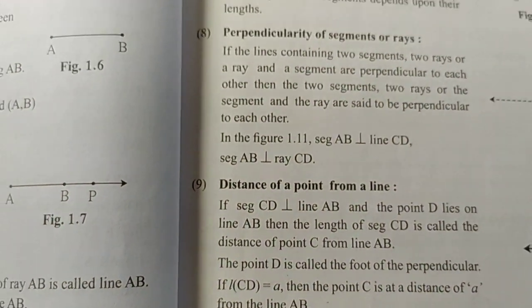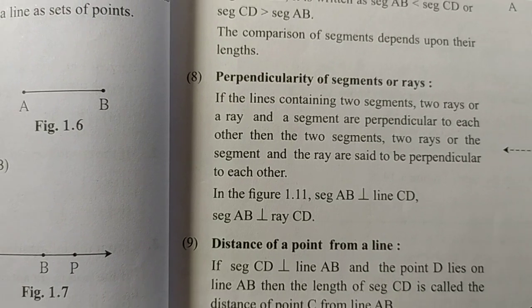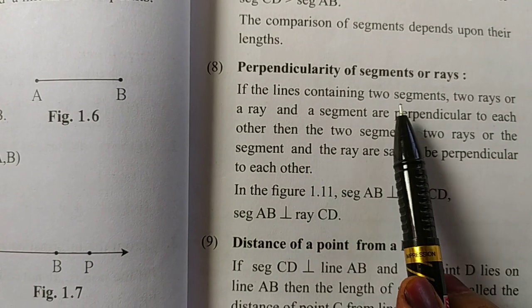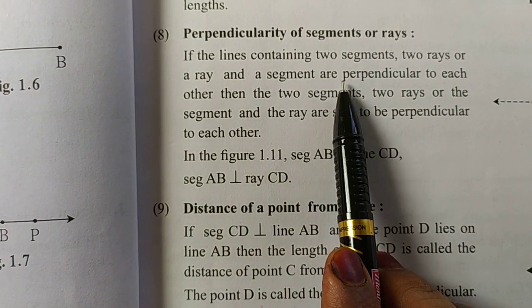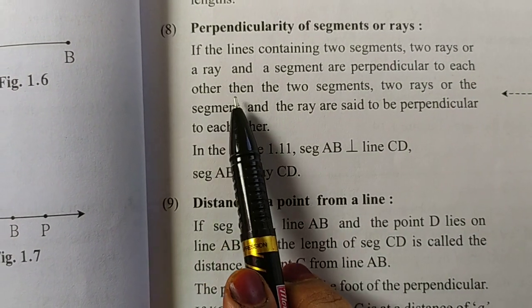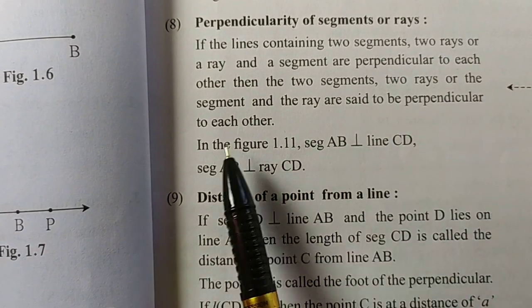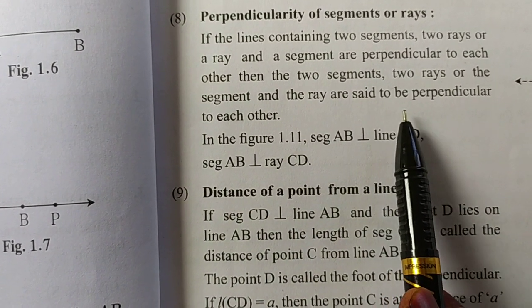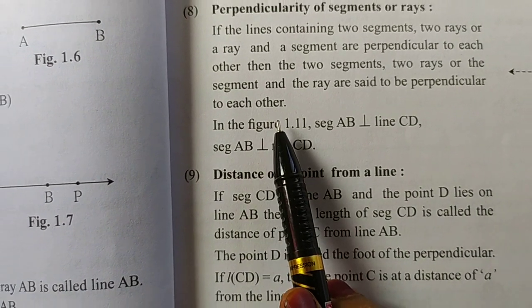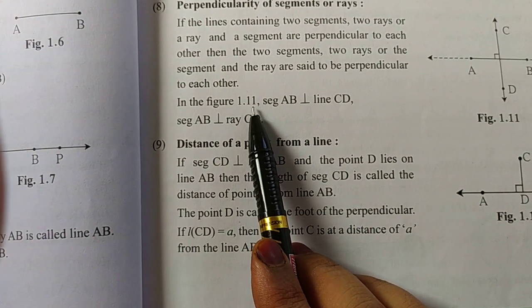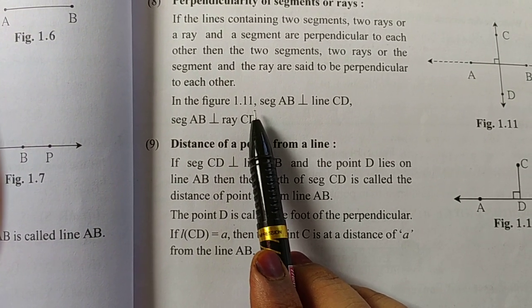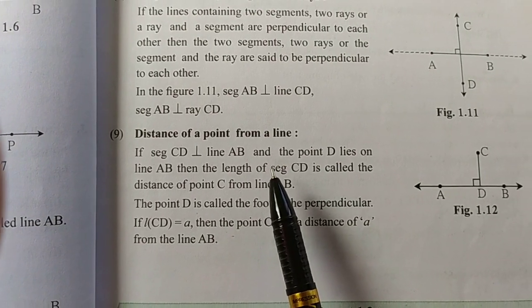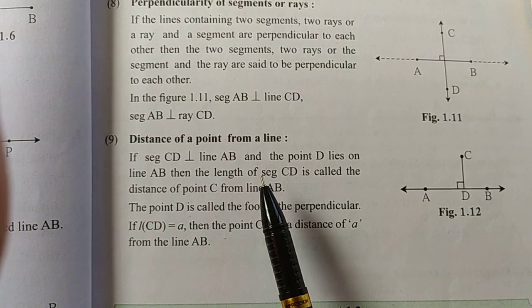See, the definition is also given here: if the lines containing two segments, two rays, or a ray and a segment are perpendicular to each other, then the two segments, two rays, or the segment and the ray are said to be perpendicular to each other. These are basic things, given here because they are very necessary when your theorems and proofs start. These are basic things, geometrical language, so you have to keep it in your mind.